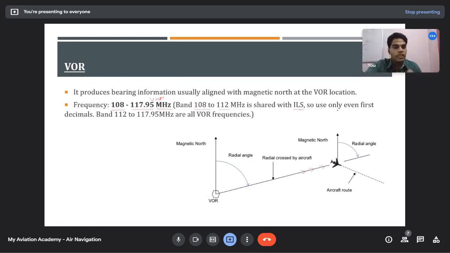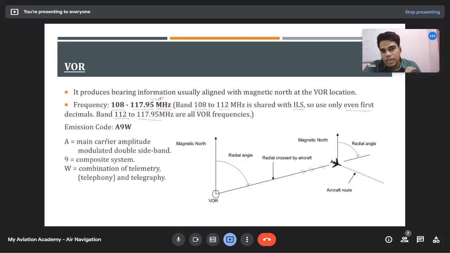Because the ILS is shared, you can only use the even first decimals. Even first decimal is basically 108.2 or 109.4. These are the examples you can use.